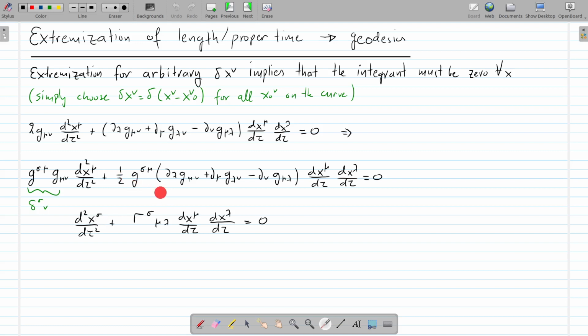And now you see that this term here is nothing but a Christoffel symbol gamma sigma mu lambda. So that's the geodesic equation. And we see that proper time is extremized for functions that satisfy the geodesic equations. And because of their uniqueness, geodesic equations extremize proper time.